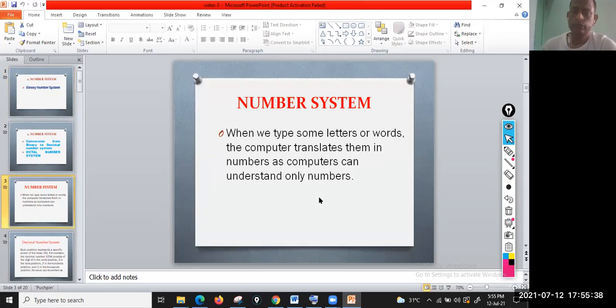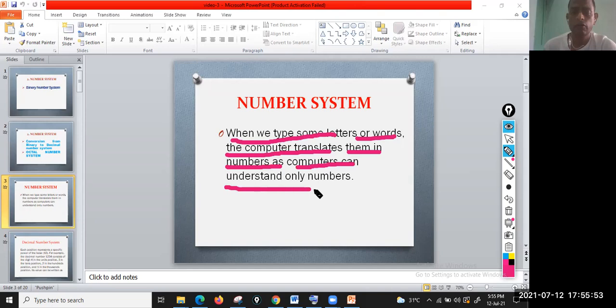Number system. When we type some letters or words, the computer translates them into numbers, as a computer can understand only numbers. Only binary numbers, that is 0 and 1.